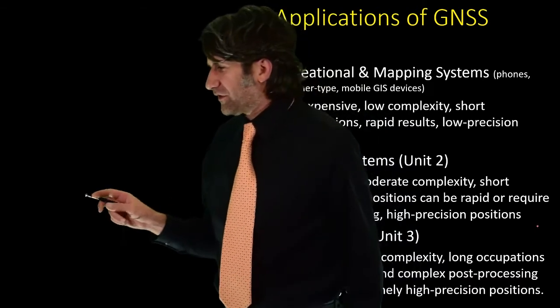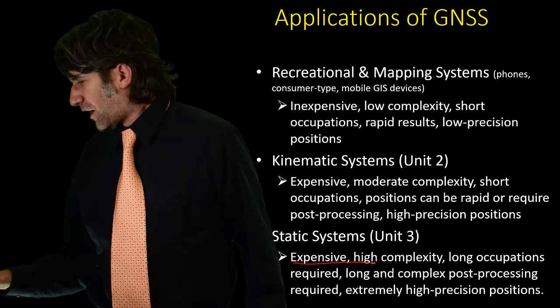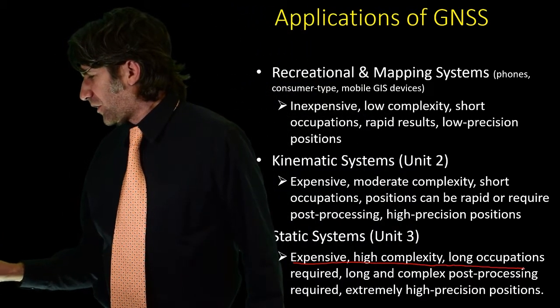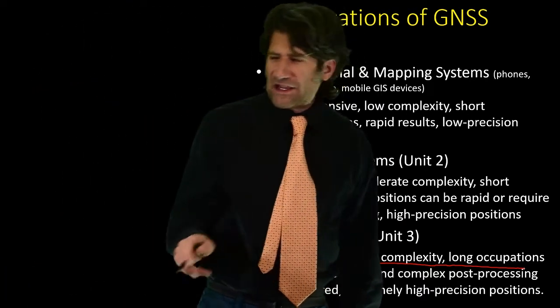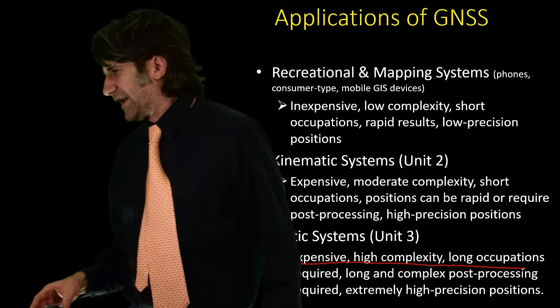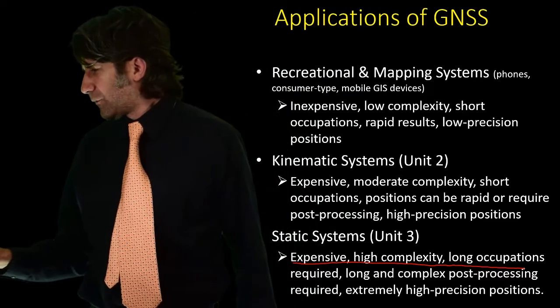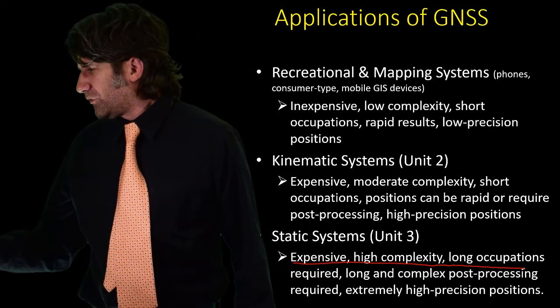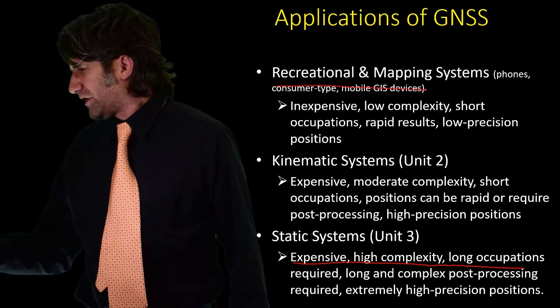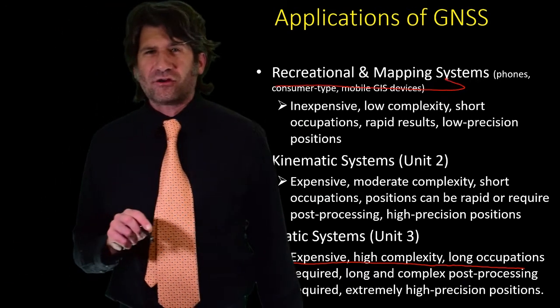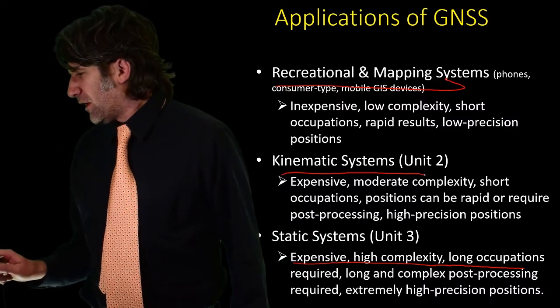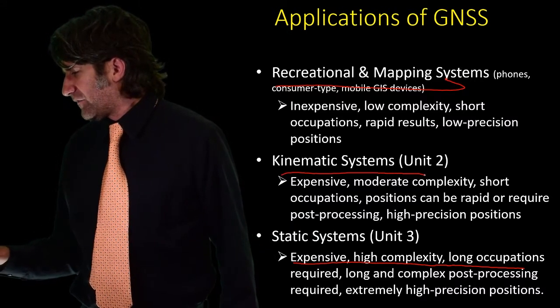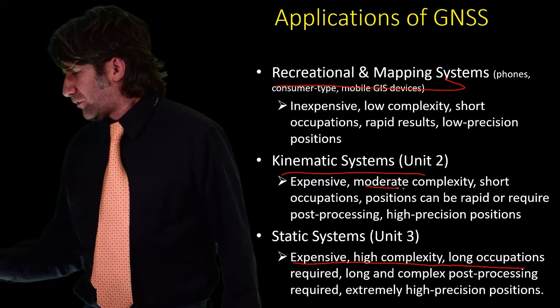So static systems are expensive, highly complex, and need long occupations. But if you need that millimeter scale accuracy, that's when you're going to use static. Oftentimes, for what we're doing in class, we'll use what's called recreational mapping systems. We'll use those auto levels, but we can use those kinematic systems as well. They're still very expensive, and there's quite a bit of complexity to them.